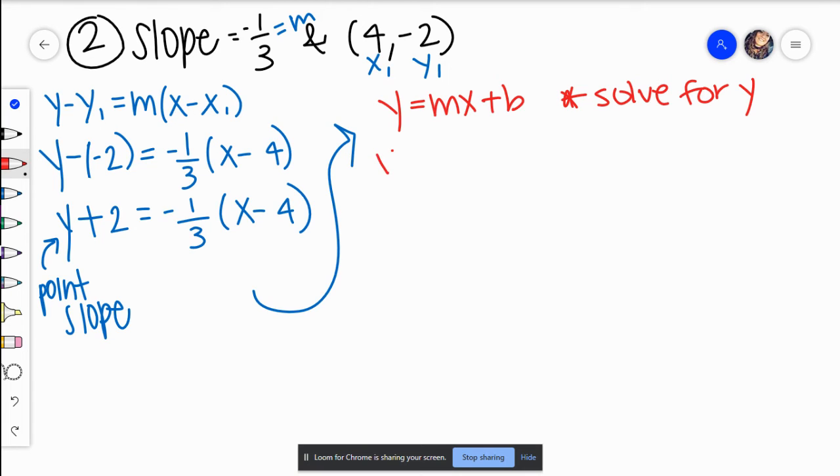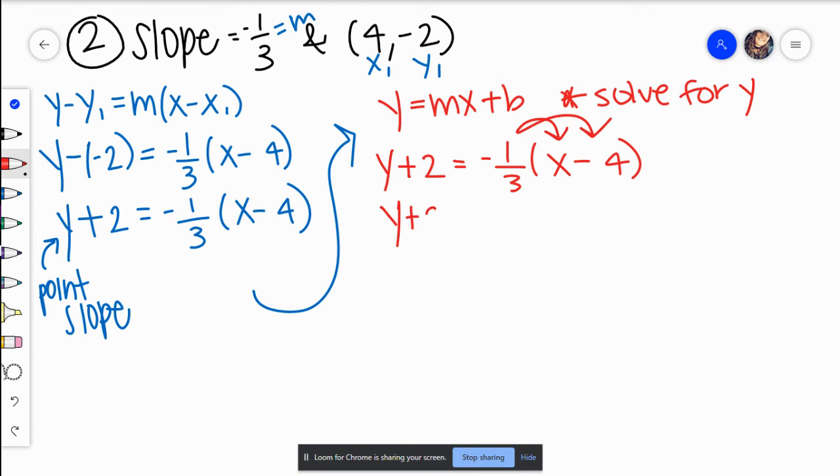So what I have is y plus 2 equals negative 1/3 times x minus 4. Just be sure to do the order of operations. We would need to figure out these parentheses, and because we have a coefficient literally touching that parenthesis, it means we need to distribute that to every term inside of the parentheses.